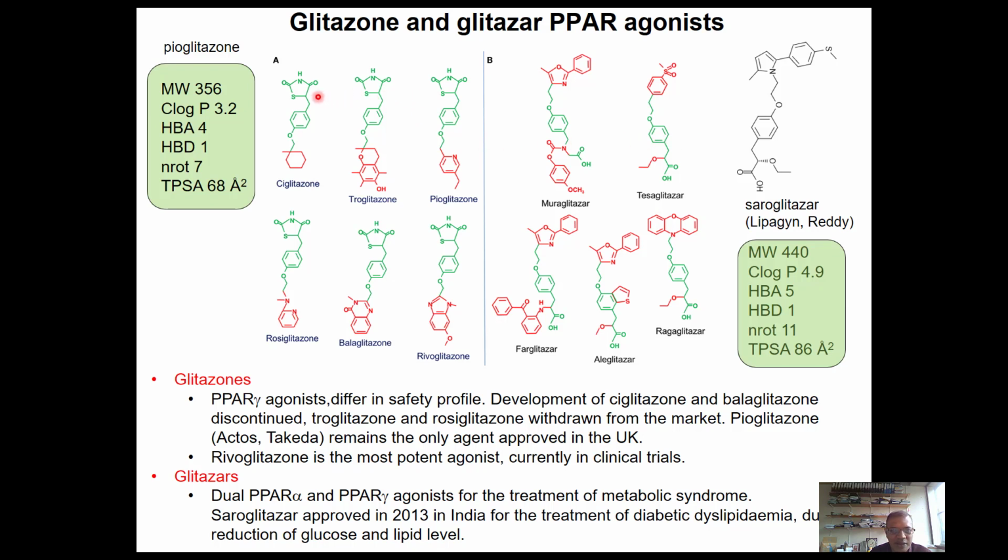They have this thiazolidinedione, which is the ionizable portion, and then some lipophilic component, and then a tail where there's something else added, often with a polar component for pharmacokinetic reasons. And in terms of the physical chemical properties, these are usually small molecules that would fit guidelines for oral bioavailability as shown here, and they are administered orally.